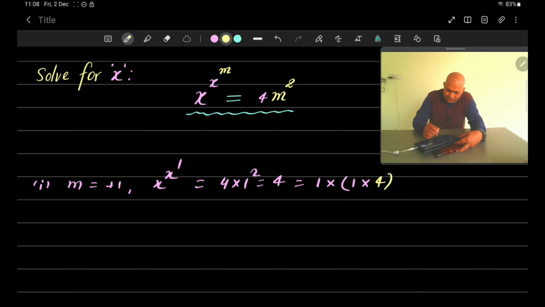Okay, now if m equals 2, then the question will become x to the power 2, and that will become 16. Okay, and that can be written as 2 times 2 times 4.